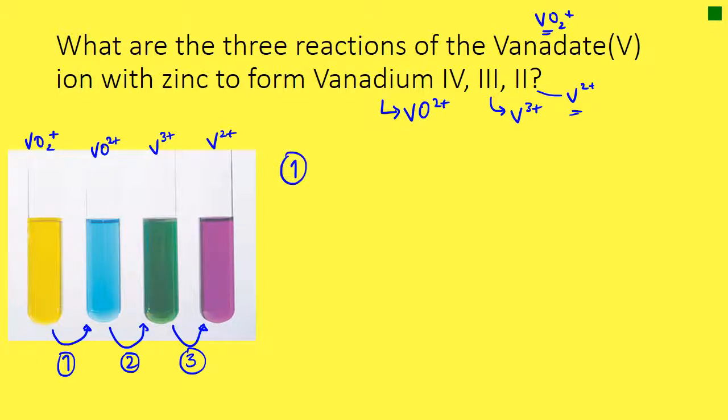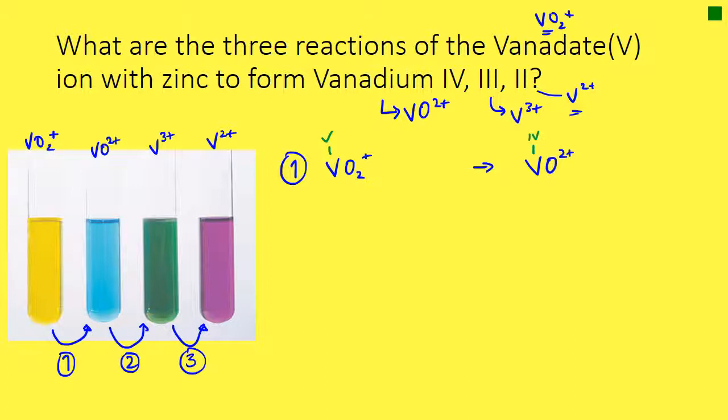So we're going to start off with our vanadate ion, and we're going to end up with our VO2+ ion. And let's change colour and label the oxidation states. So this is an oxidation state of +5, and this one here is +4.